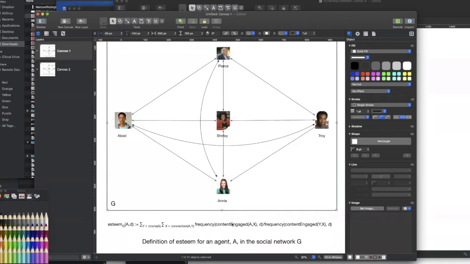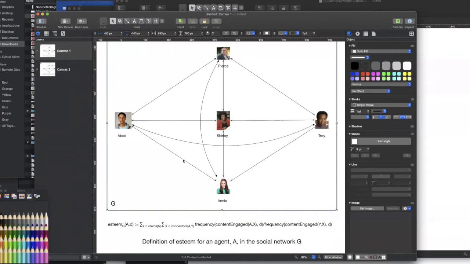Okay. So the point is that we look at the ratio, right? We look at the ratio of how much Annie engages with Abed versus how much Annie engages with Pierce. And then we sum up over all the possible connections, right?